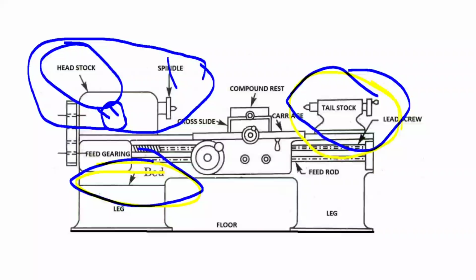Second is to hold a tool for performing operations such as drilling, reaming, tapping, counter boring, etc. For these operations, the tailstock is used to hold the tool. The last function of the tailstock is to turn a taper on the workpiece by using the tailstock set over method.